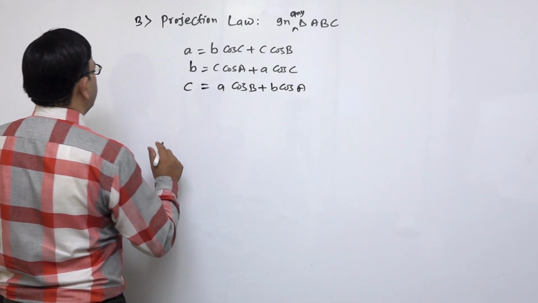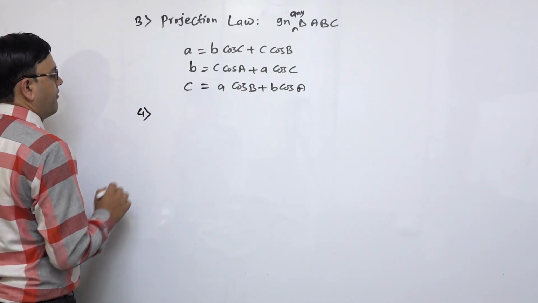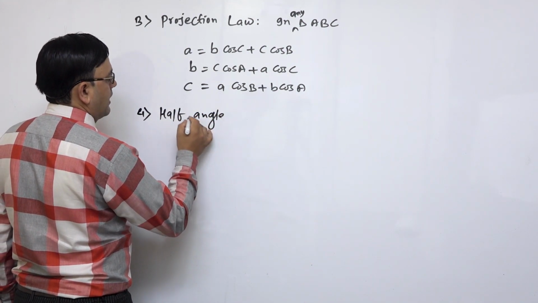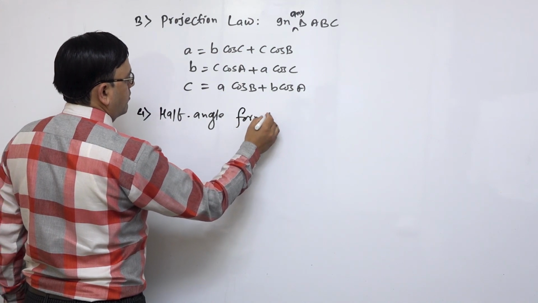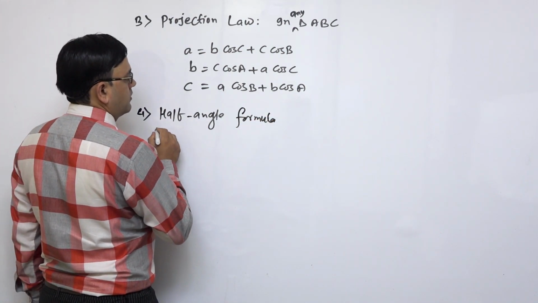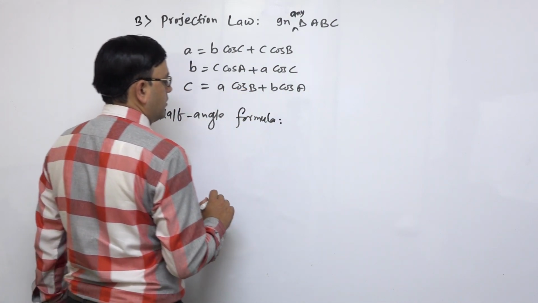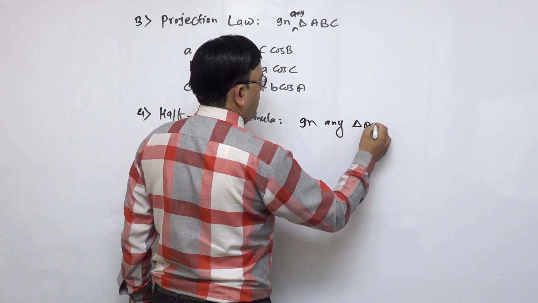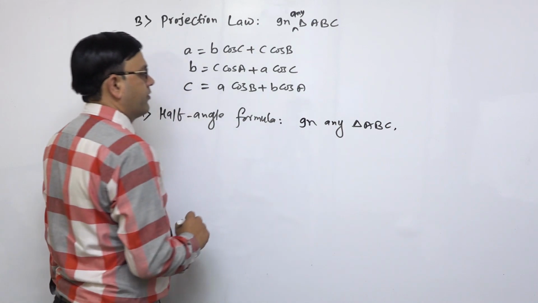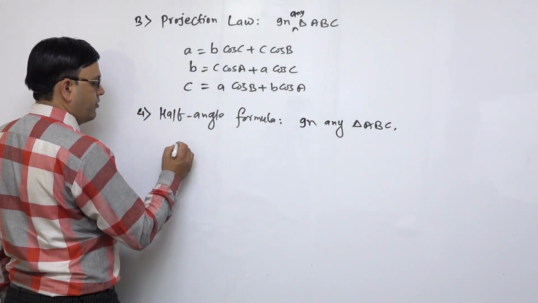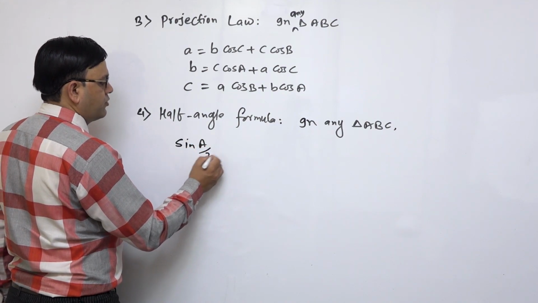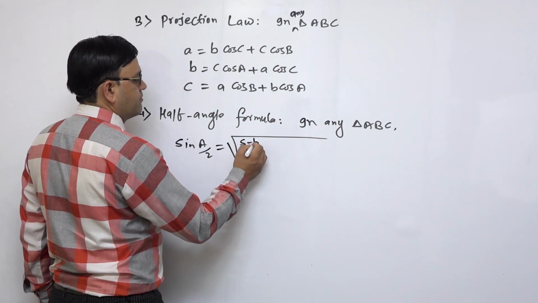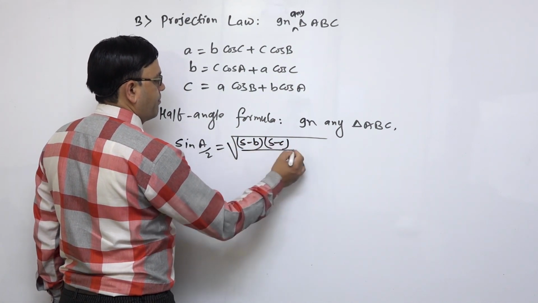Now the fourth one is the half angle formula. This is also in any triangle ABC. Half means A by 2. So we can write sine A by 2 is equal to root under (s minus b)(s minus c) upon bc.